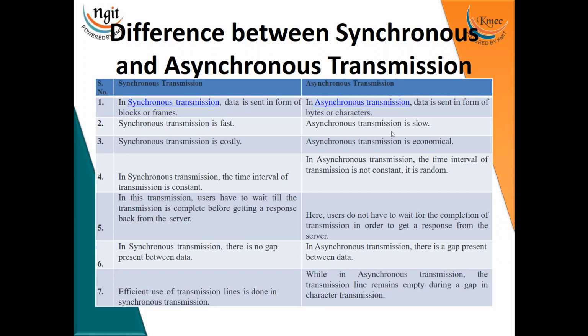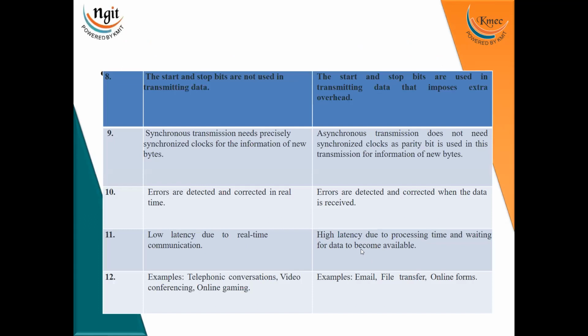And efficient use of transmission lines is done with synchronous transmission. While in asynchronous transmission, the transmission line remains empty during a gap in character transmission. The start and stop bits are not used for the transmission of data in synchronous transmission. But in asynchronous, the start and stop bits are used in transmitting the data, which imposes extra overhead.